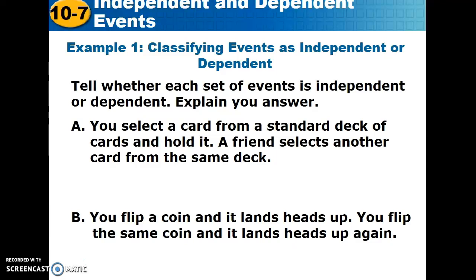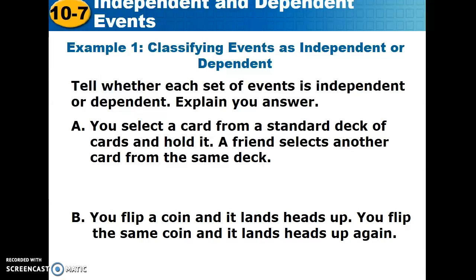Let's look at example 1. It says classifying events as independent or dependent. Tell whether each set of events is independent or dependent and explain your answer. You select a card from a standard deck of cards and hold it. A friend selects another card from the same deck.